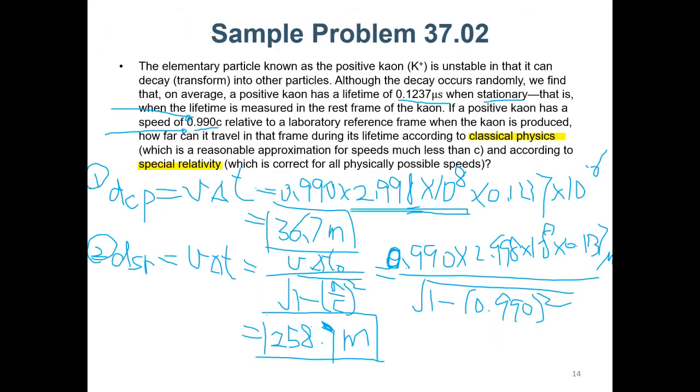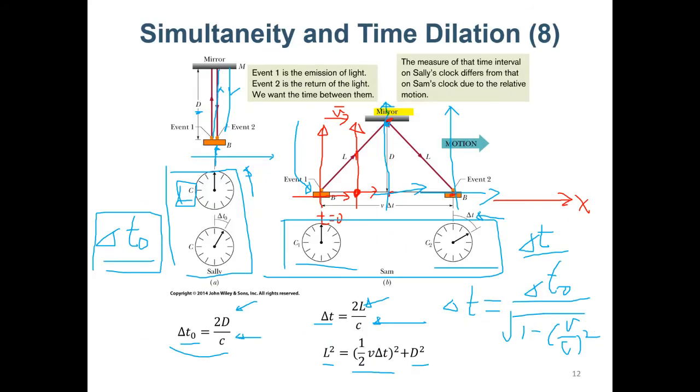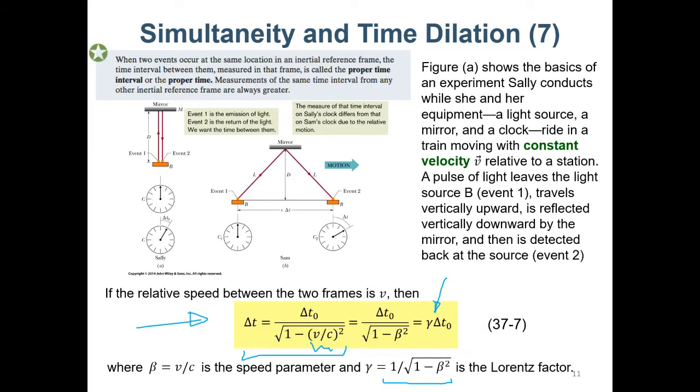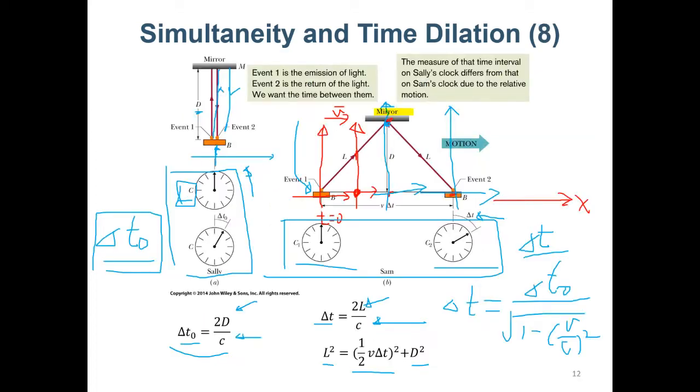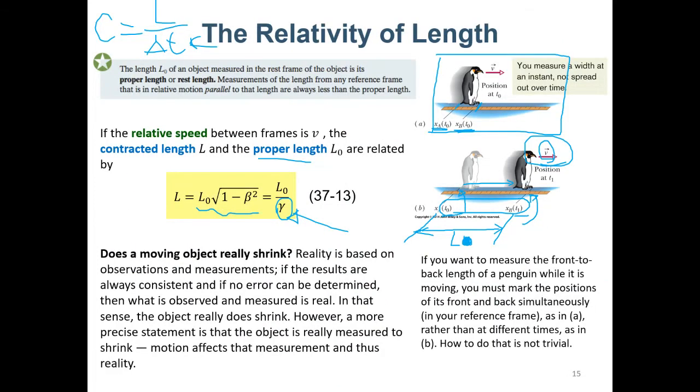For this case you multiply here, but for here you need to divide the same factor so that everything should match.